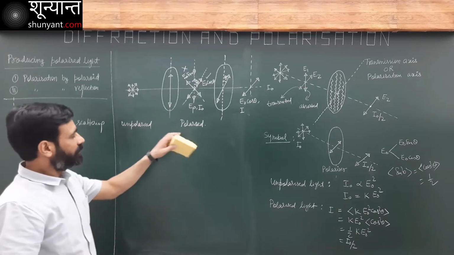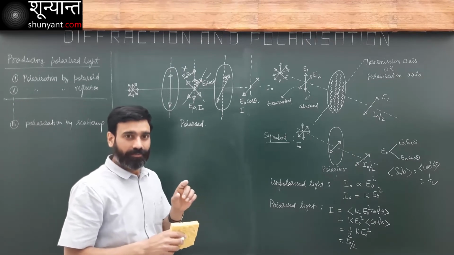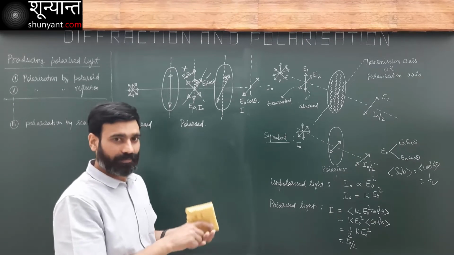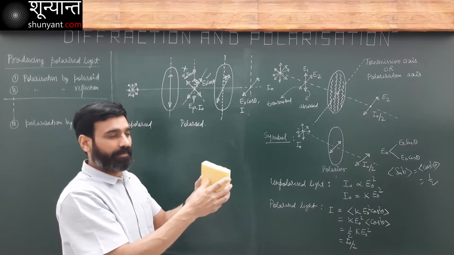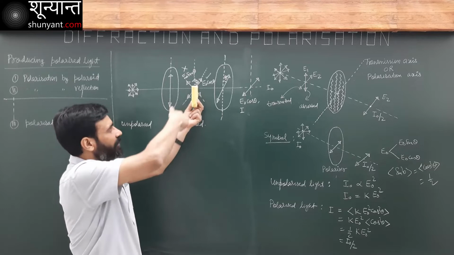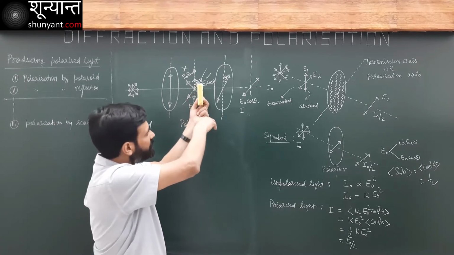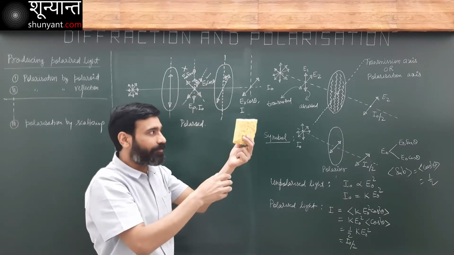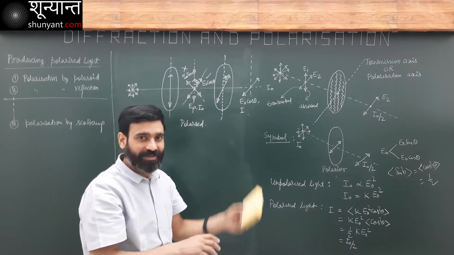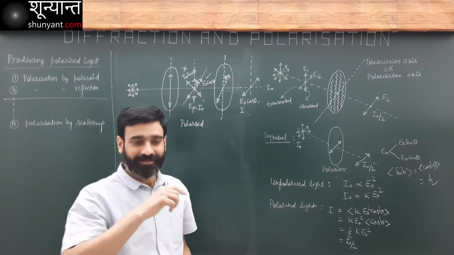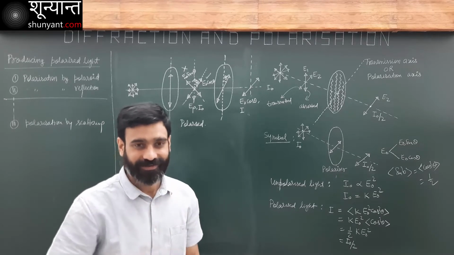The electric field of this light is oscillating in one given plane. Now when I pass it through another polarizer, the plane is going to change.